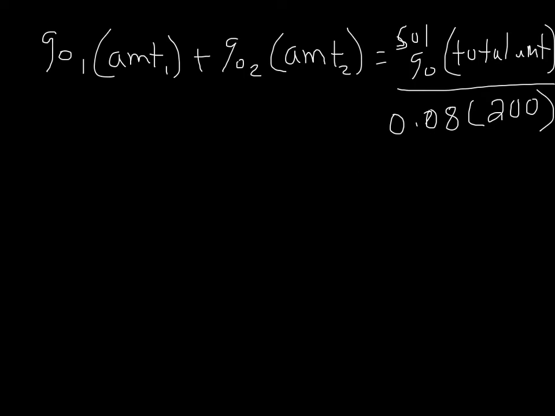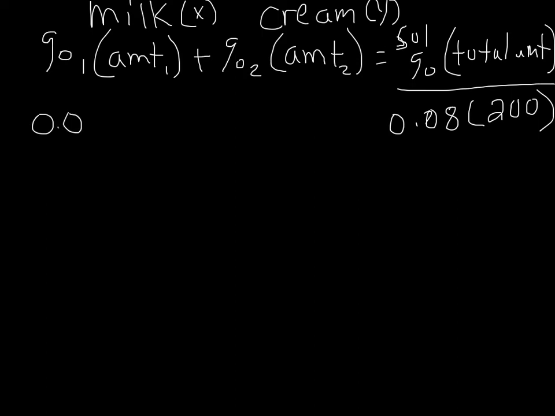So now we have to think about, okay, in terms of x and y, if you think about this as being the milk and this as being the cream, we called that x before and we said that this was y. So now think about what we know about the milk. We know it's 4%. So now you're just basically plugging them in. And we don't know what the amount was, so I call that x.